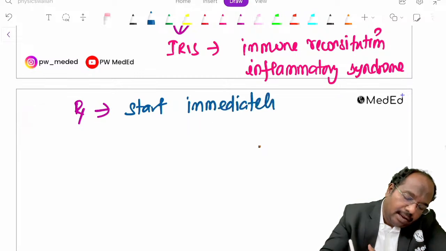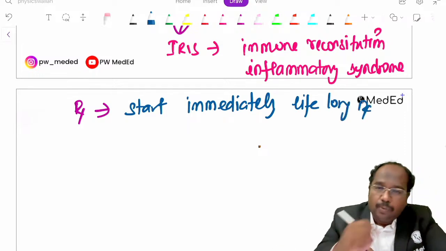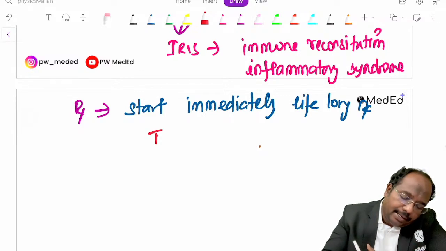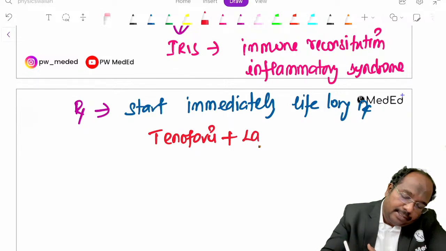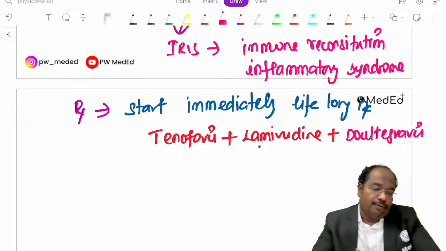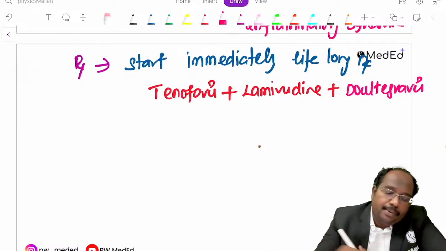The drug is TLD: tenofovir plus lamivudine plus dolutegravir, lifelong ART, immediately.